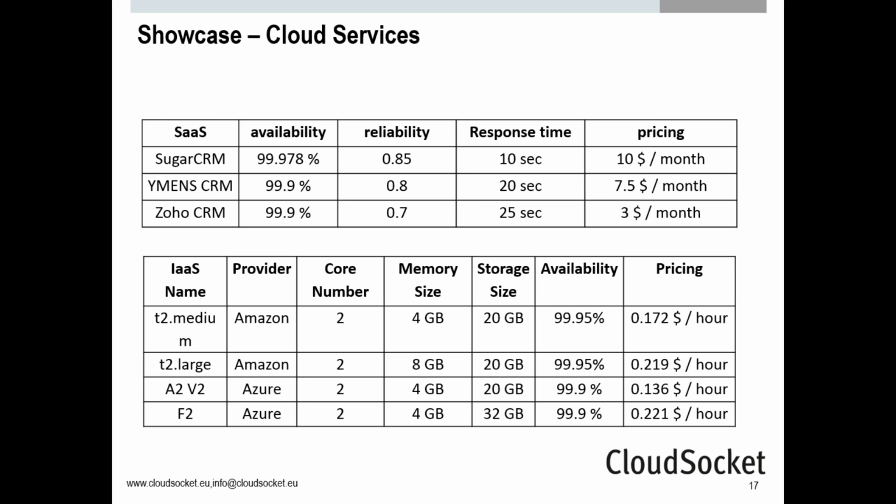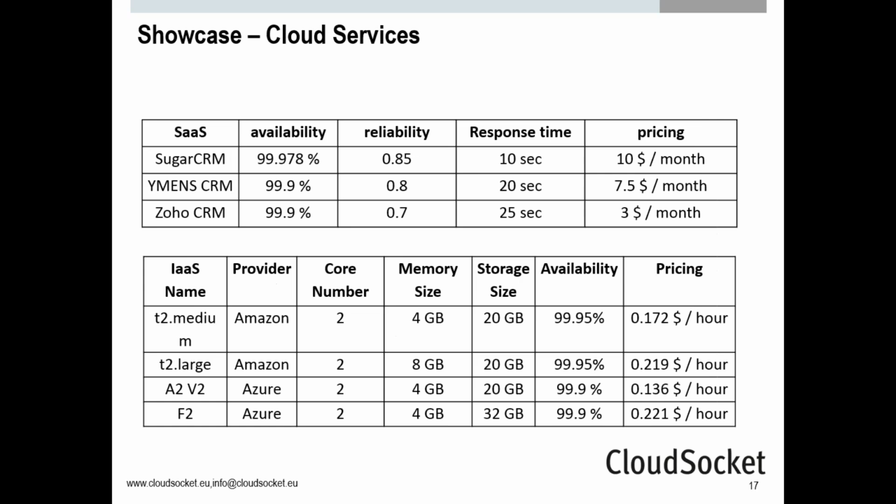But there are some trade-offs with respect to the price. If you consider the medium-level virtual machine offerings, the Azure offering is cheaper. But if you consider the large virtual machine offerings, then the Amazon virtual machine offering has a better cost, and of course also availability, as you can see in the table.